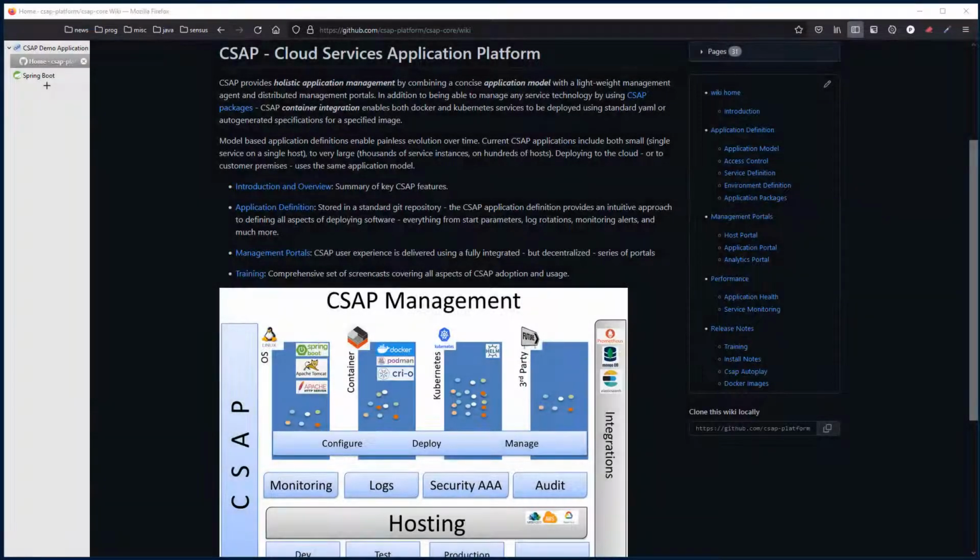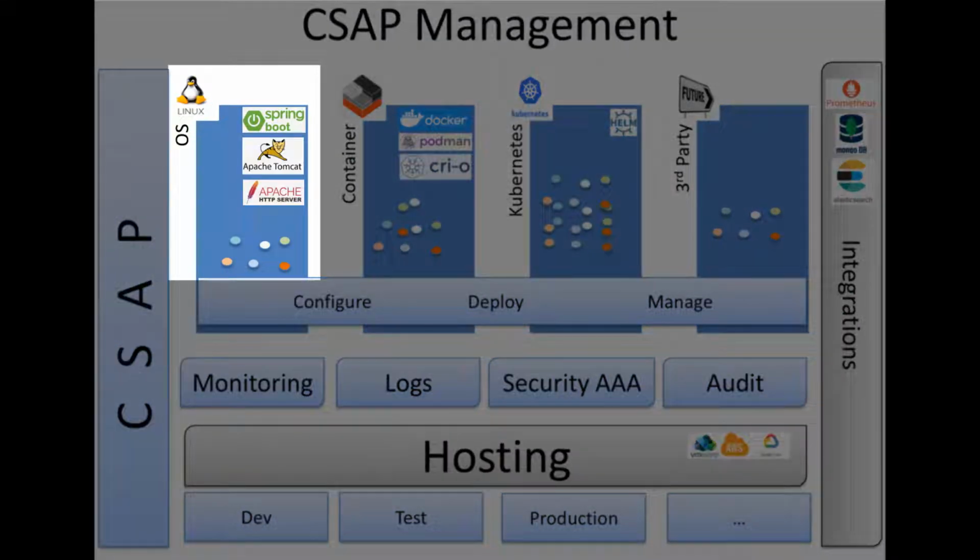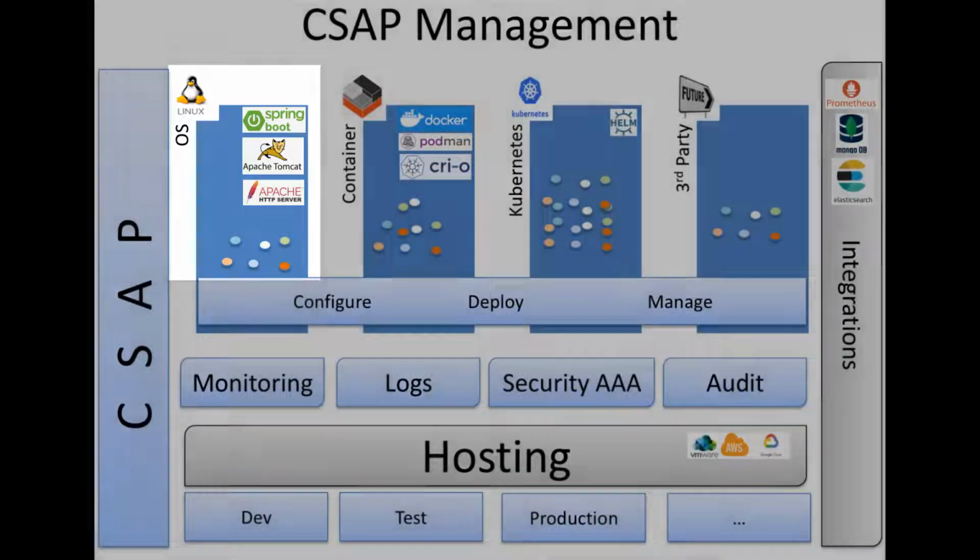The CSAP management platform provides deep integration with Spring Boot. This includes several options for deployment. Spring Boot jar files may be directly deployed to the operating system, leveraging the CSAP Java package.